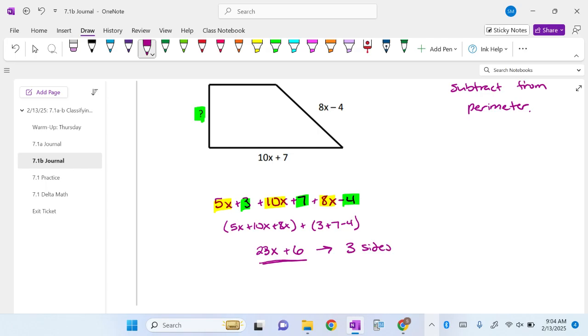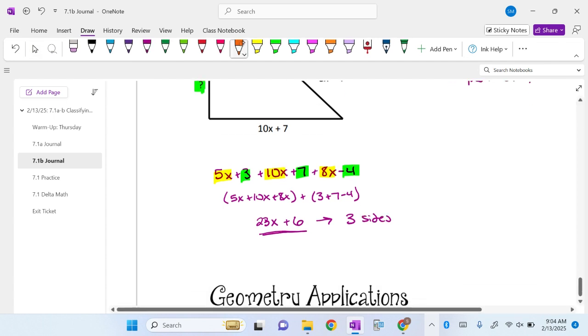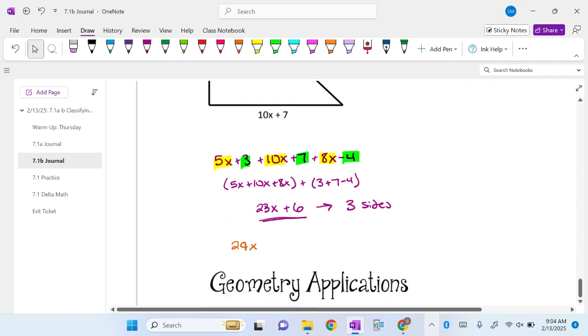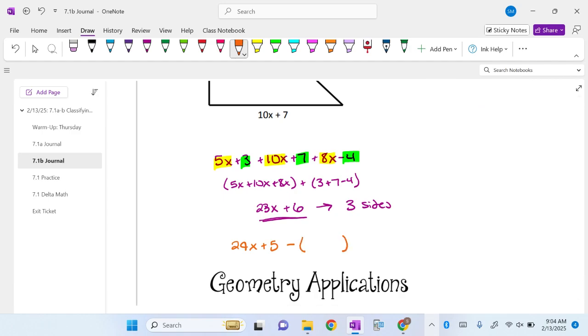Now, I then subtract it from my perimeter. So your perimeter is 29x plus 5 minus, and put this in parentheses because remember we have to distribute that negative, 23x plus 6.